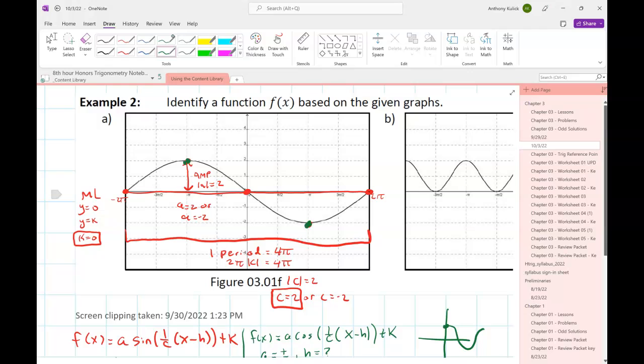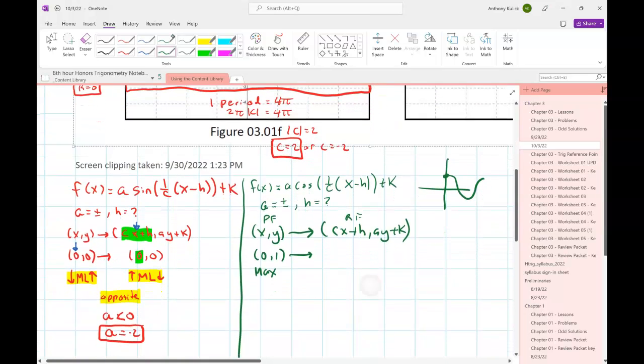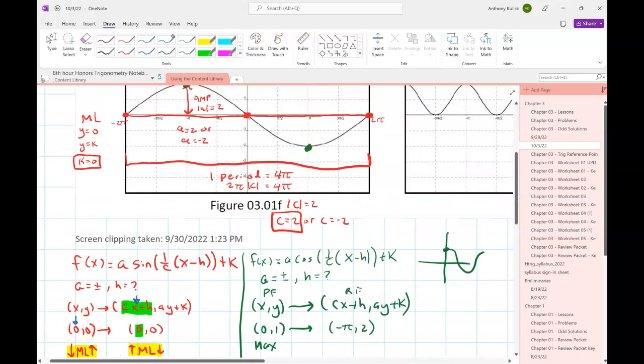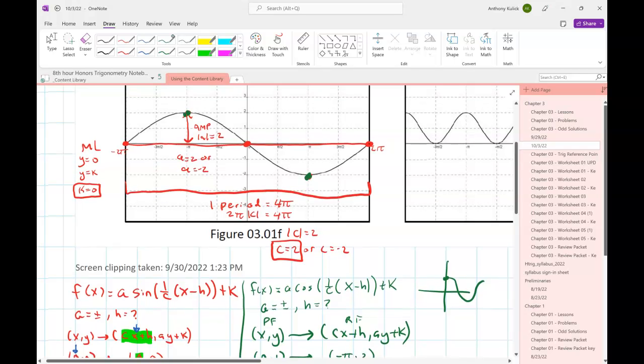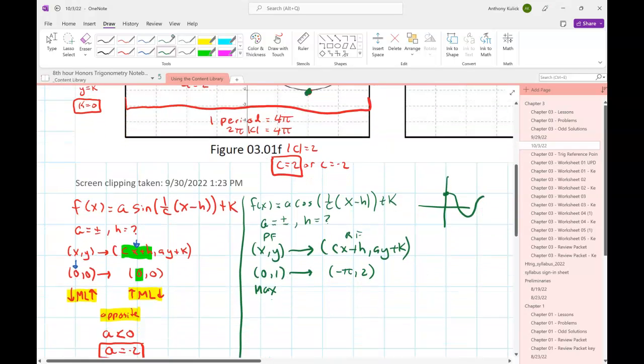Which one would you like to pick? Let's pick negative pi comma 2 because it was the first one as we read the graph from left to right, for no other better reason than that. Everybody's okay with that? Now, what type of extrema was negative pi comma 2? Maximum.